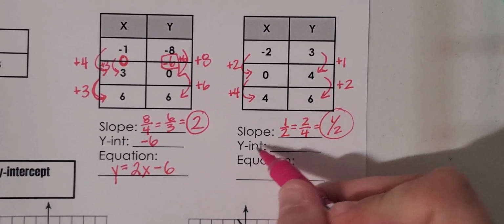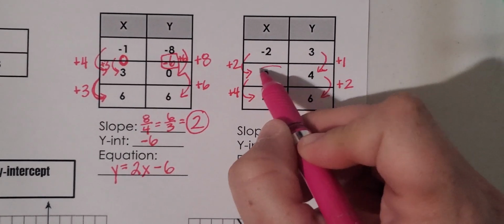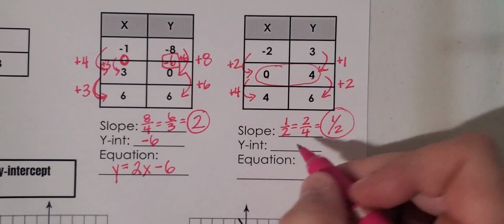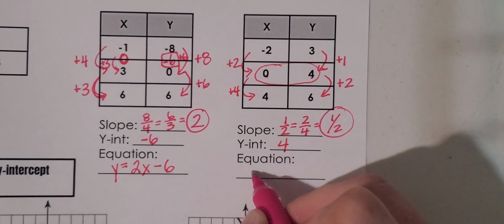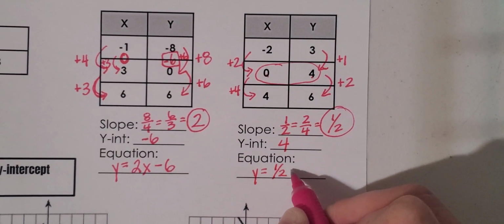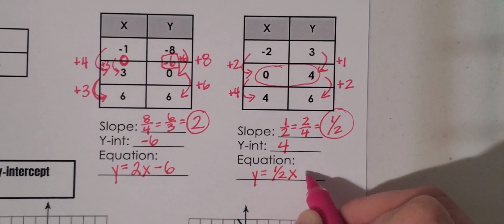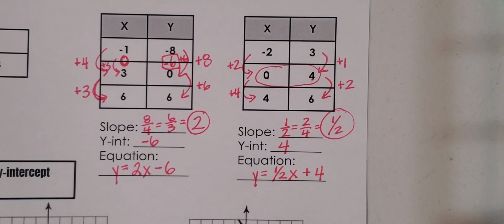And then my y-intercept is actually given to me when x is 0. I'm using my y value, so it will be 4. Once I get these two numbers, I can plug them into my equation. So my slope is 1/2. I put an x with it, and then I have a +4, so I put a +4 as my constant.